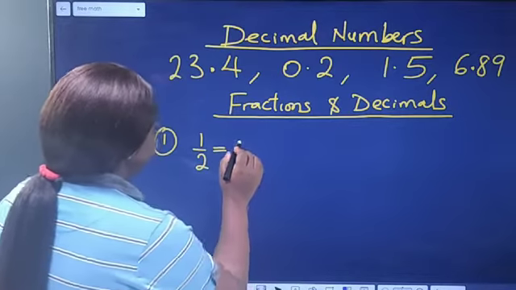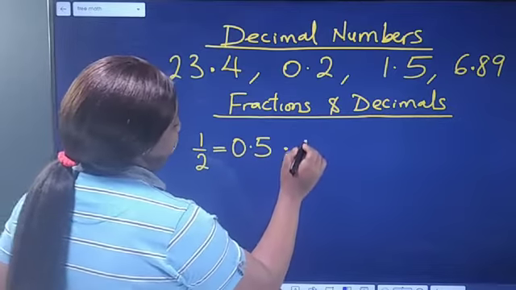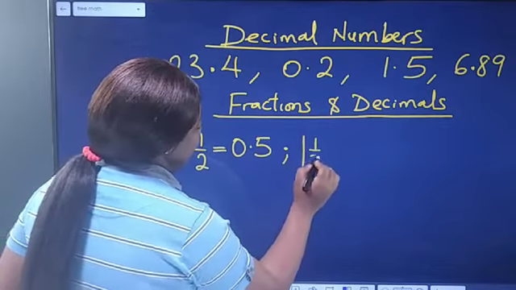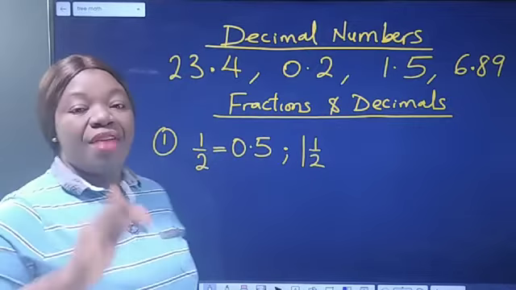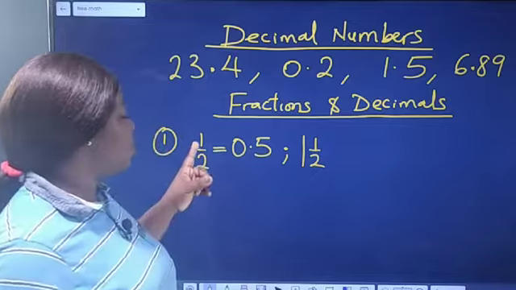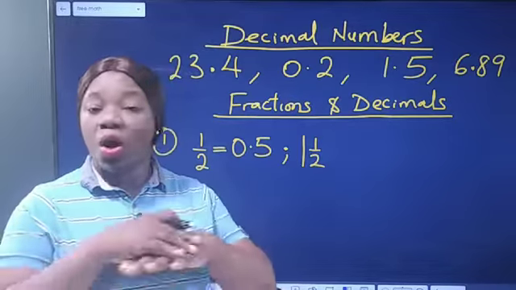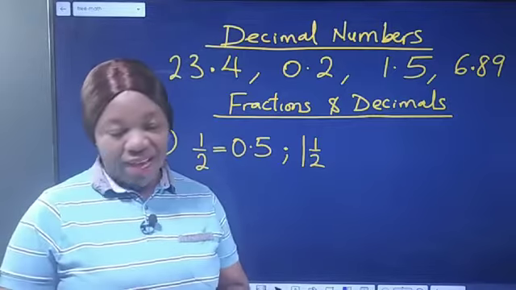So, if half is 0.5, what if I have 1 and half? Have it in mind and know it so that during examination you don't have to be dividing 1 by 2. Take note that 1 over 2 is always 0.5, okay?